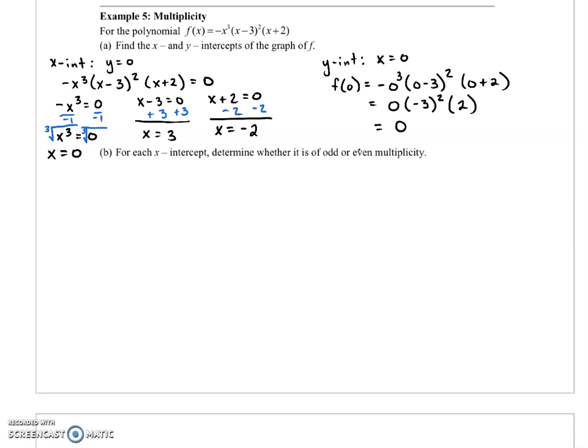So now let's list each x-intercept and determine its multiplicity. So I'm going to put the factors here, and then we'll put the x-intercept that comes from each of those factors, and then we will put the multiplicity.